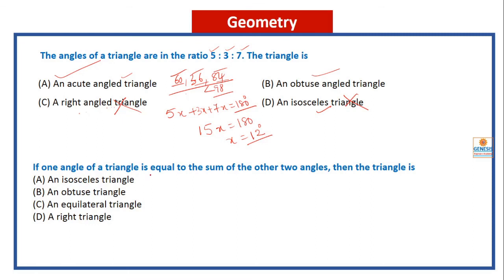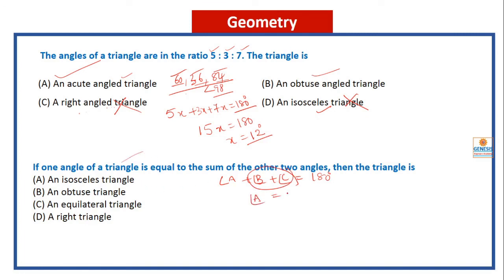If one angle of a triangle is equal to the sum of the other two angles, do you understand my point? Suppose angle A plus angle B plus angle C of a triangle is equal to 180. The sum of the other two angles is equal to one angle.